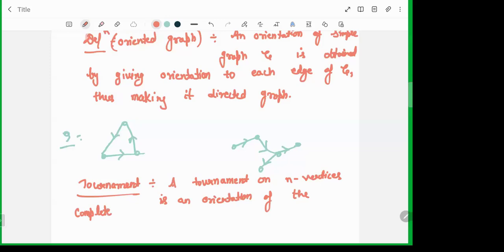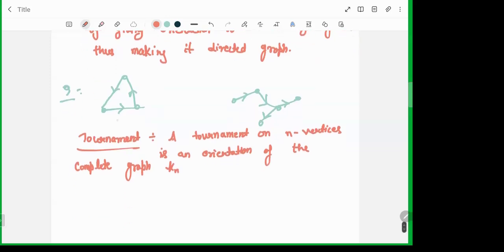So A is an example of this, but B is not complete, so we cannot give B as an example.